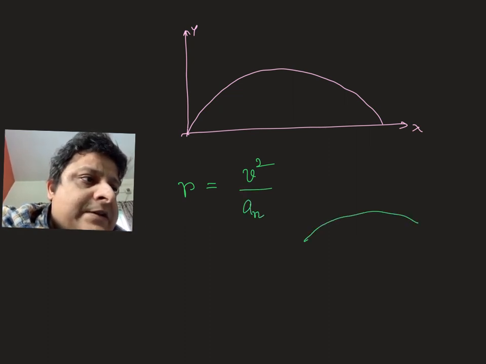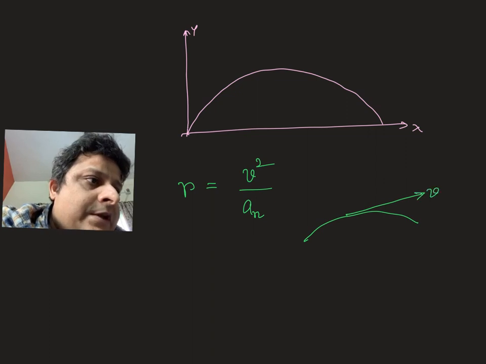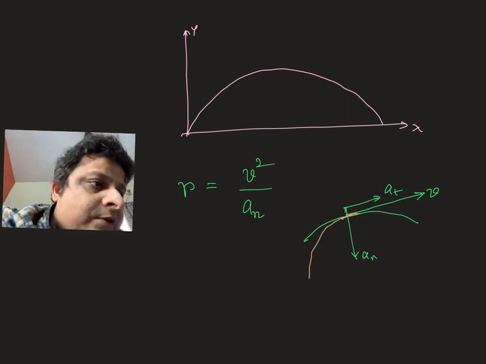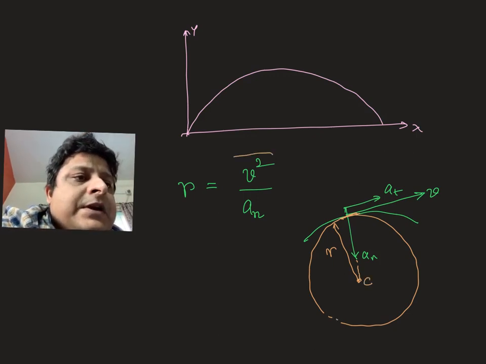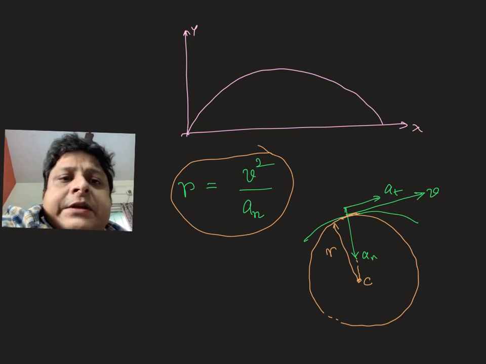That means if it has a velocity v, it may have a tangential acceleration and a normal acceleration. This part of the curve is part of a large circle having radius R, that is the radius of curvature, and C is the center of curvature. So it is v square by the normal component of the acceleration.